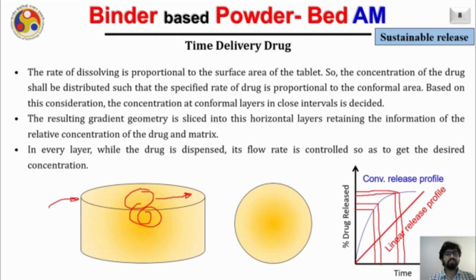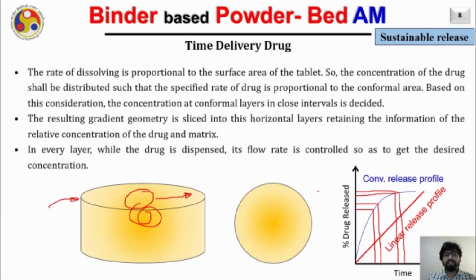As the surface area has reduced, we need to have more drug concentration in that zone so that you again get the same required amount A of the drug in that time interval. Such type of sustainable release or desirable release can be easily obtained when you have local control of loading the drug into the tablet.